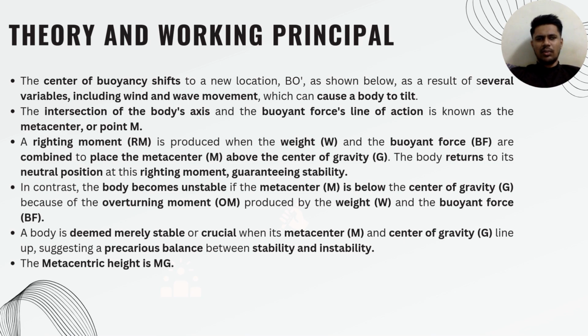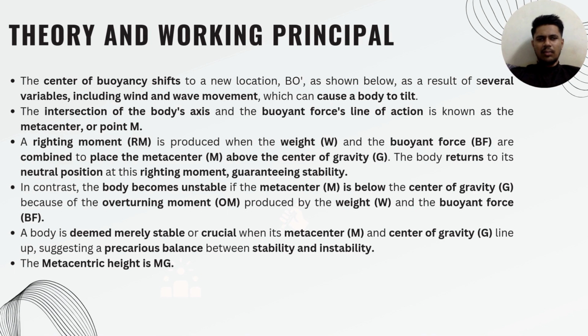The intersection of the body's axis and the buoyant force line of action is known as the metacenter, point M. If the metacenter is above the center of gravity, the weight W and the buoyant force combine to produce a righting moment. The body returns to its natural position, remaining stable.